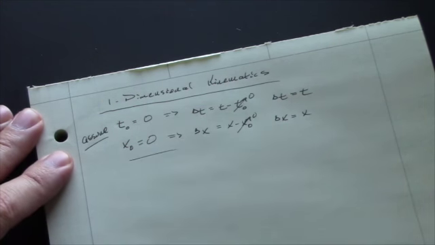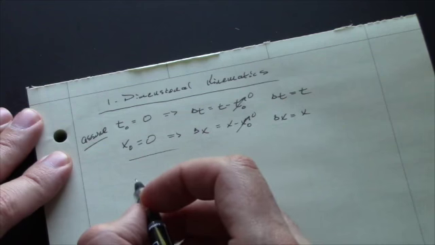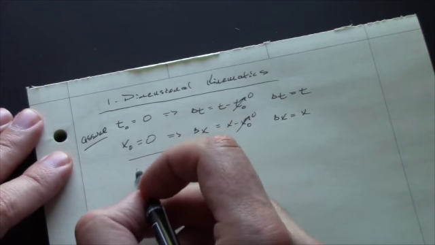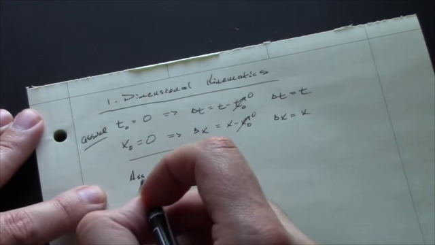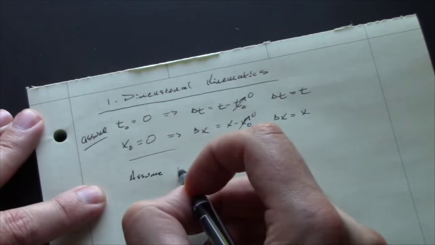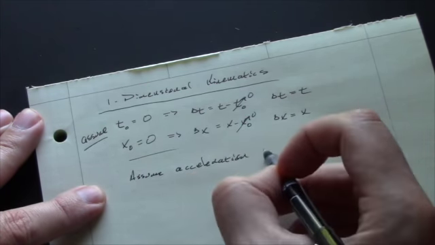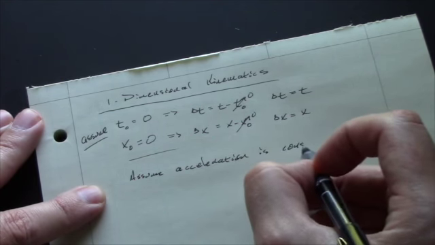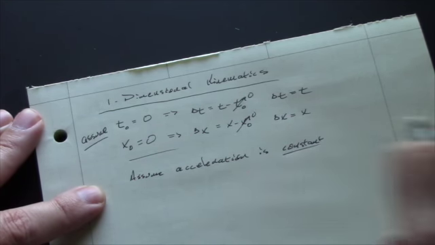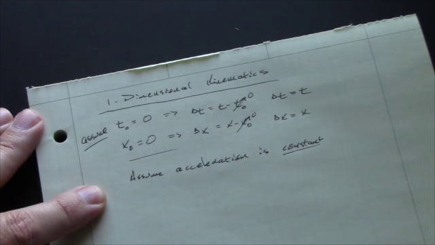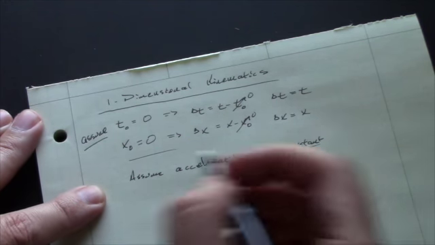Now, here's the big one. The most important assumption that we're going to make is we're going to assume that the acceleration is constant. This is important because if you have a constant acceleration, then something rather interesting happens.